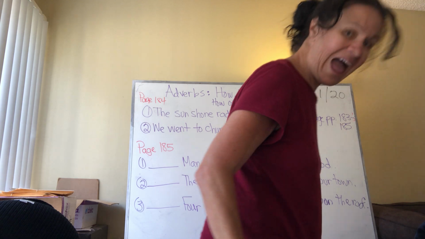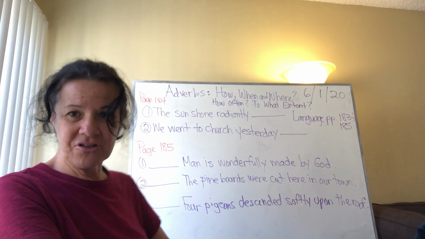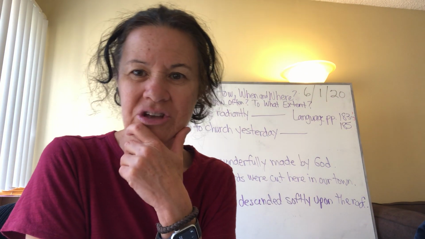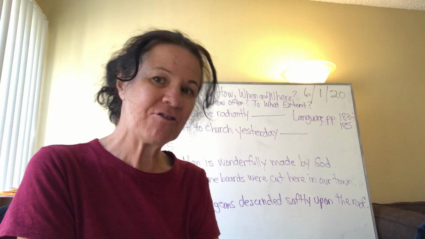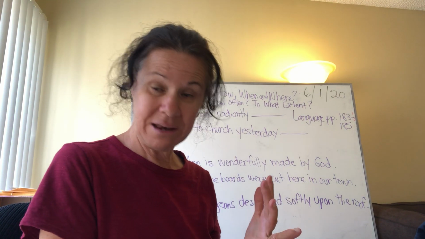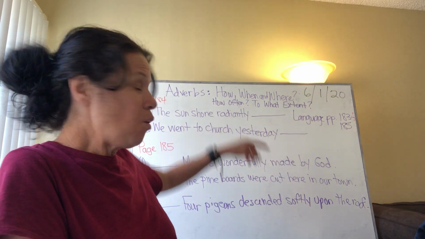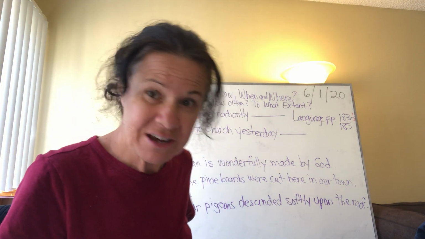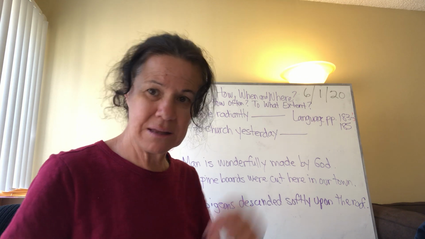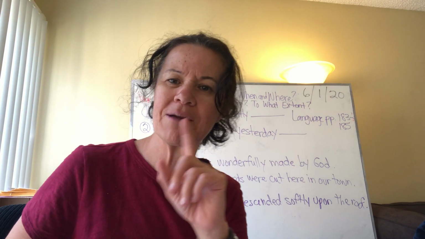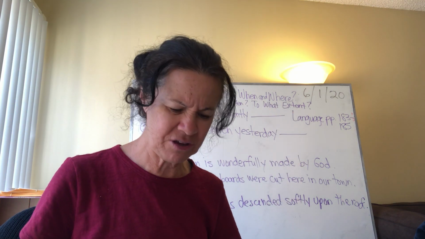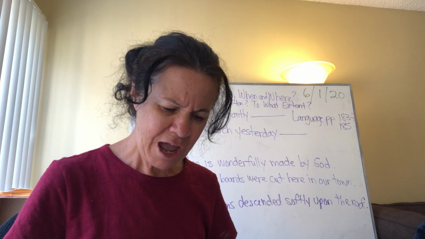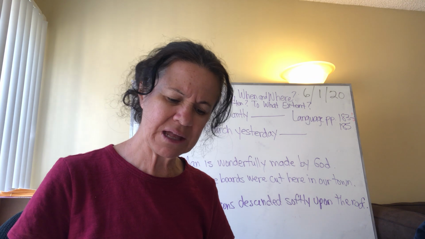So just like the adjectives answered questions like whose, which one, what kind, how many, how much, adverbs answer questions when, we talked about that, how, when, where, how often, and to what extent. Okay, so when you find a word that you think might be an adverb, ask yourself, does it answer one of those questions? So, a word which answers one of these questions is an adverb.